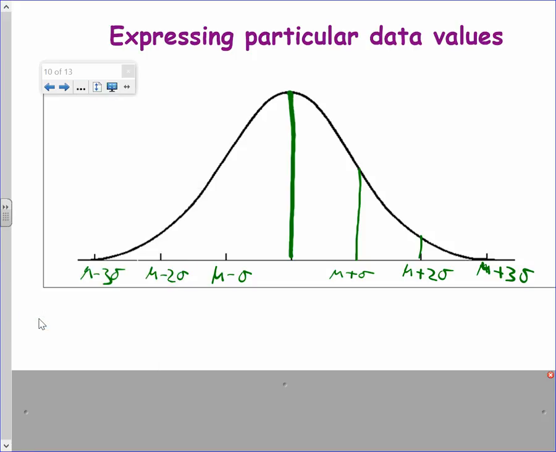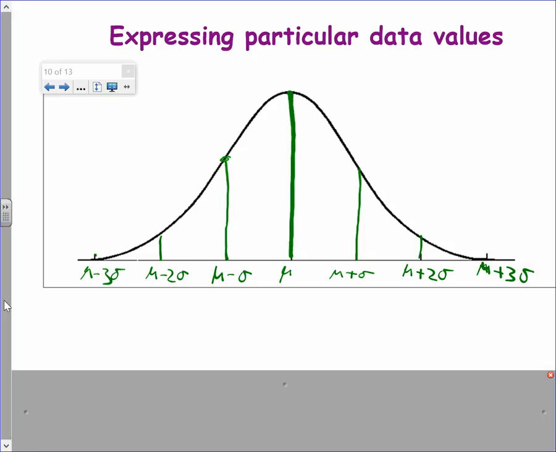Gotta get used to saying that. Mu. All right. Look at the first standard deviation. Remember, it's the point where the curve changes direction. It's always the first one, and it's your second, third. No, it's just the same distance.